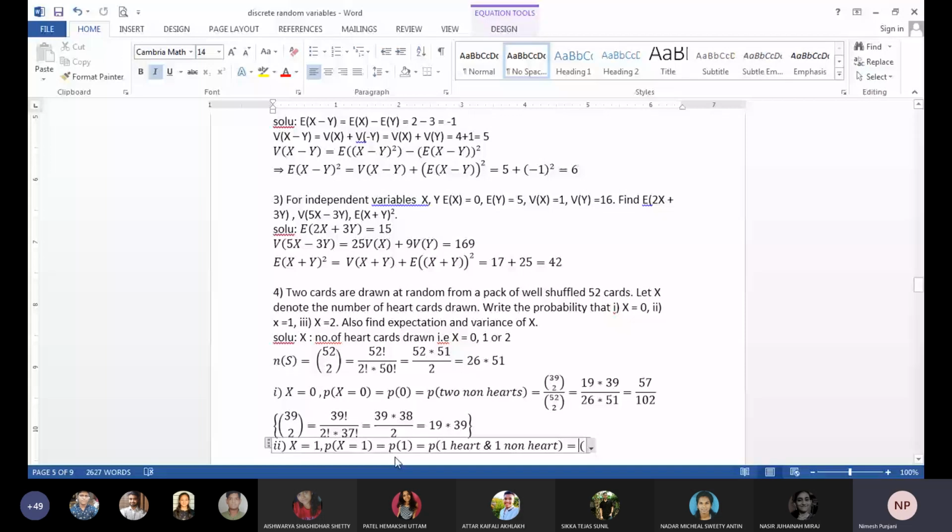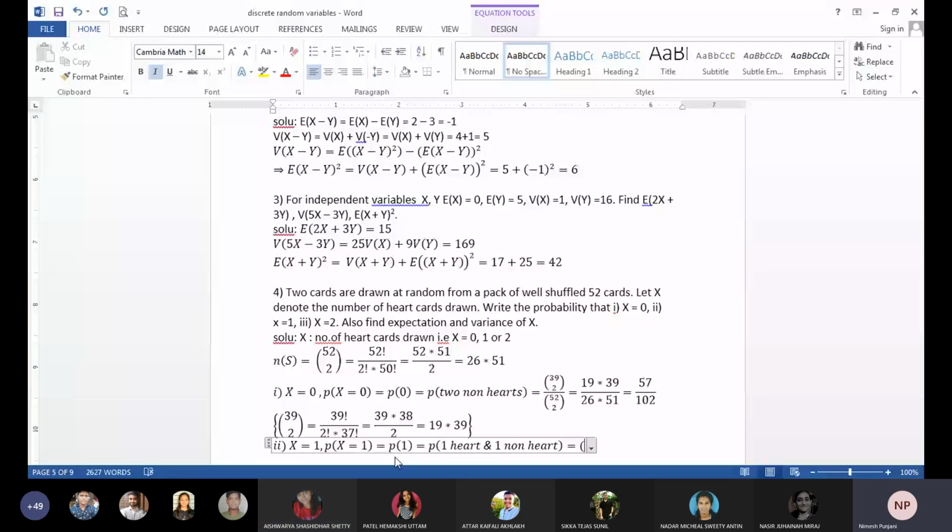13. उसमें से एक सिलेक्ट करना है तो कितना पॉसिबिलिटीज होगा उसका? 13C1.